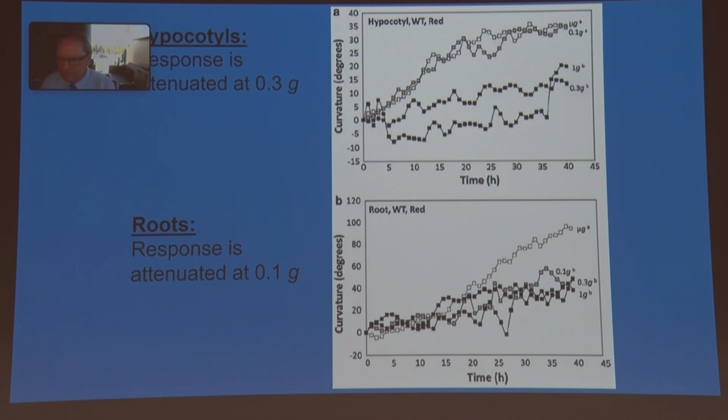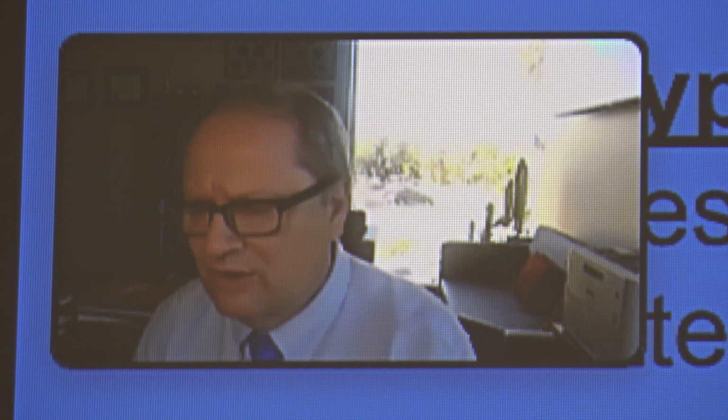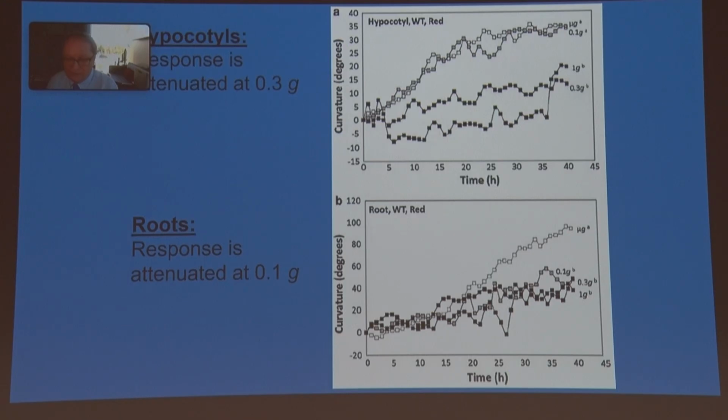What we did was we did the experiment at micro G and 1G, and we saw that in roots, it's a little bit noisy, but there's really no response at 1G. But there is a response at micro G that's very clear. And basically, the Moon and Mars levels are pretty much like 1G in the root.